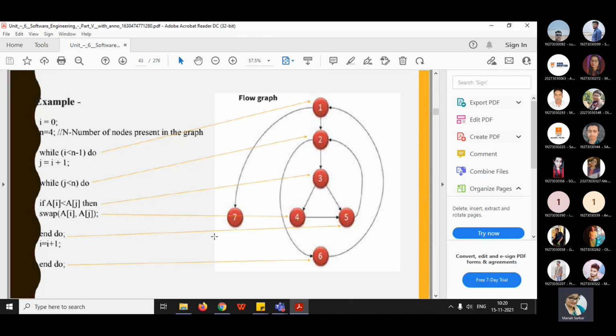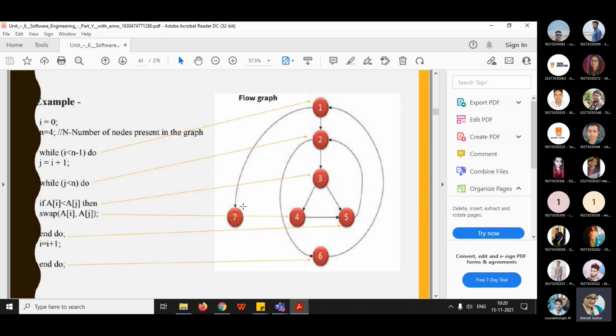And how many edges are there? This is 1 to 2, edge number 1, 2 to 3 edge number 2, 3 to 4 edge number 3, 4 to 5 edge number 4, then 3 to 5 edge number 5, then 2 to 6, 5 to 2, then 6 to 1, and 1 to 7.